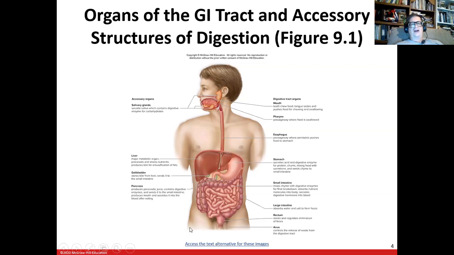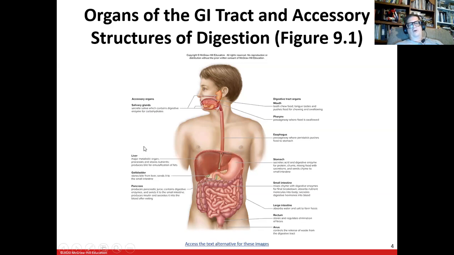But on the other side, we have the accessory organs. These are things that don't get mentioned as often as they should. They say salivary glands. I would actually put teeth there too as an accessory to the digestive system. But teeth, salivary glands, the liver, a huge amount of chemicals are produced by the liver.